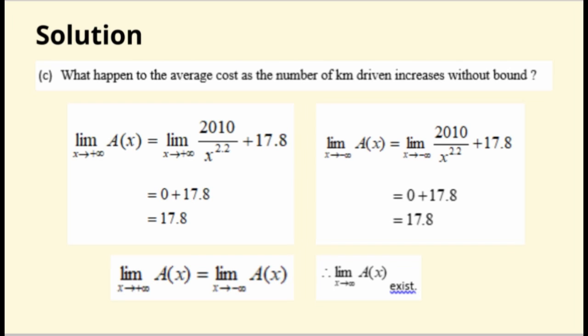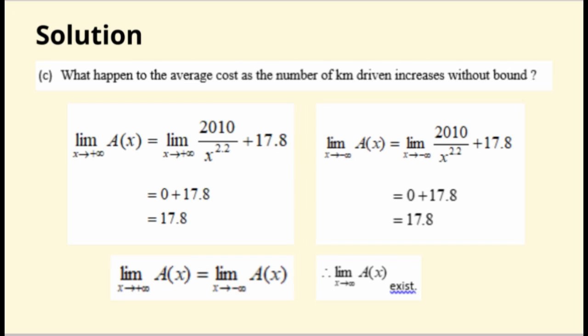For the right-sided limit, limit as x approaches infinity of A of x equals limit as x approaches infinity of 2010 divided by x to the power of 2.2, plus 17.8. When we replace infinity into the equation, the answer will be 0 plus 17.8. The final answer is 17.8.